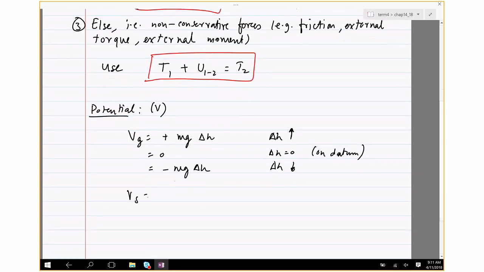Similarly for the spring potential, it turns out that it's always half k (s minus s0) squared, where s is the stretched length and s0 is the unstretched length.